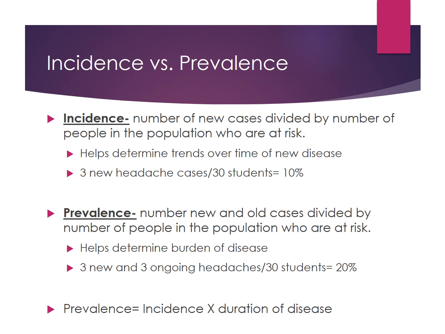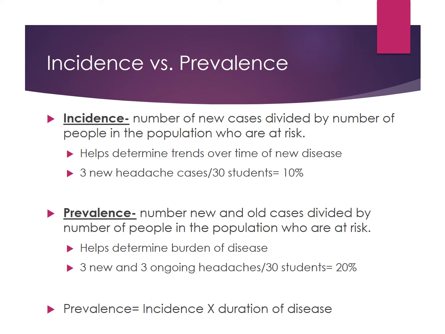When we talk about disease, there's two different ways that we typically describe it, either incidence or prevalence. Disease incidence is looking at the number of new cases divided by the number of people in the population who are at risk. And so we are only looking at newly diagnosed cases.